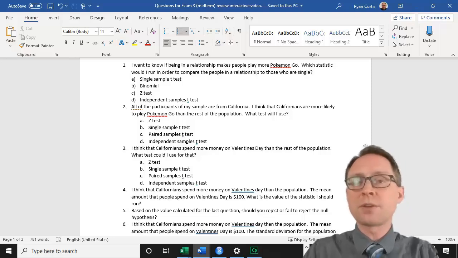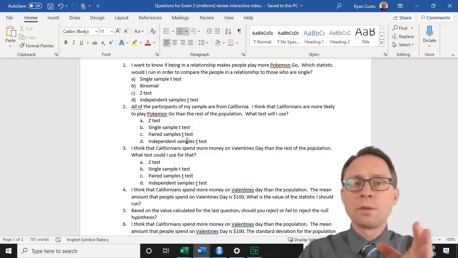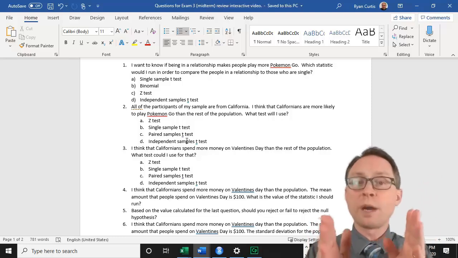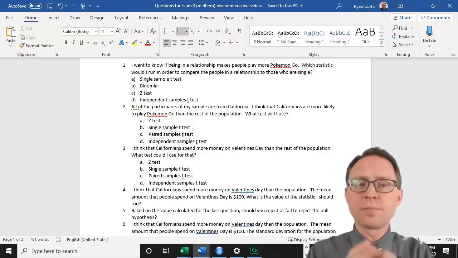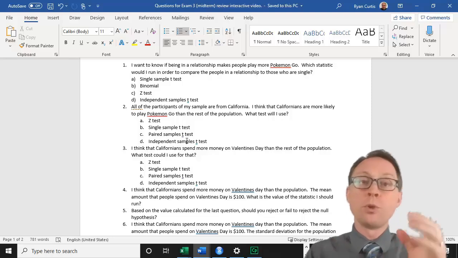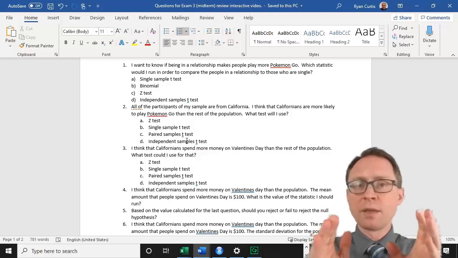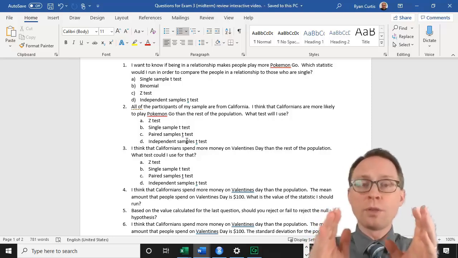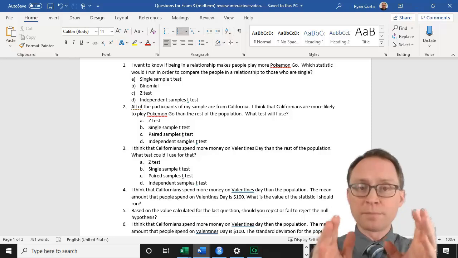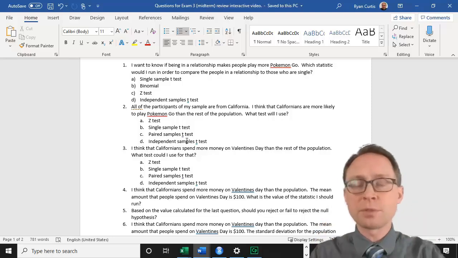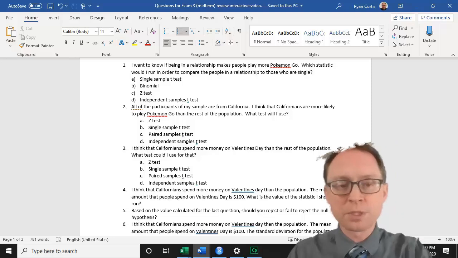You use a z-test to compare one sample to the population when you know the population's mean and standard deviation. Use a single sample t-test when you compare one sample's mean to the population's mean when you only know the population's mean. Use the sample's standard deviation for the single sample t-test.